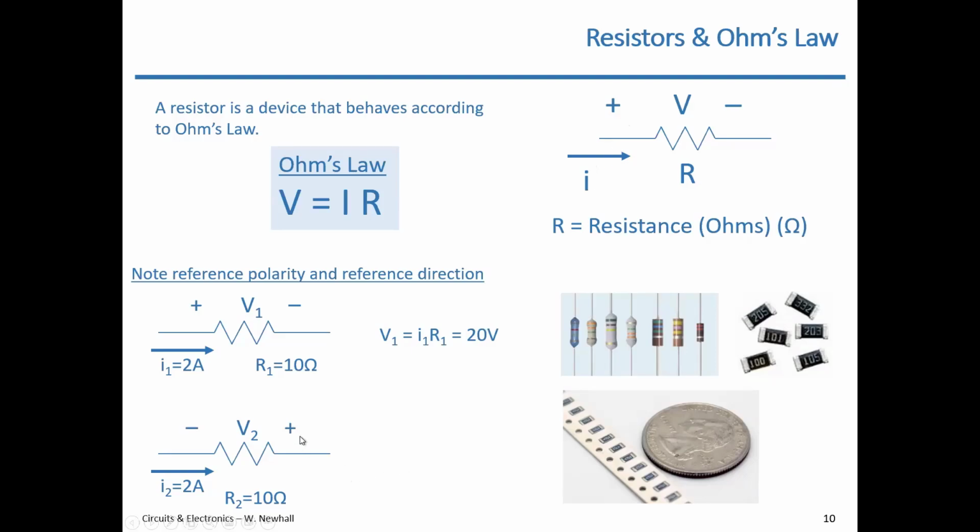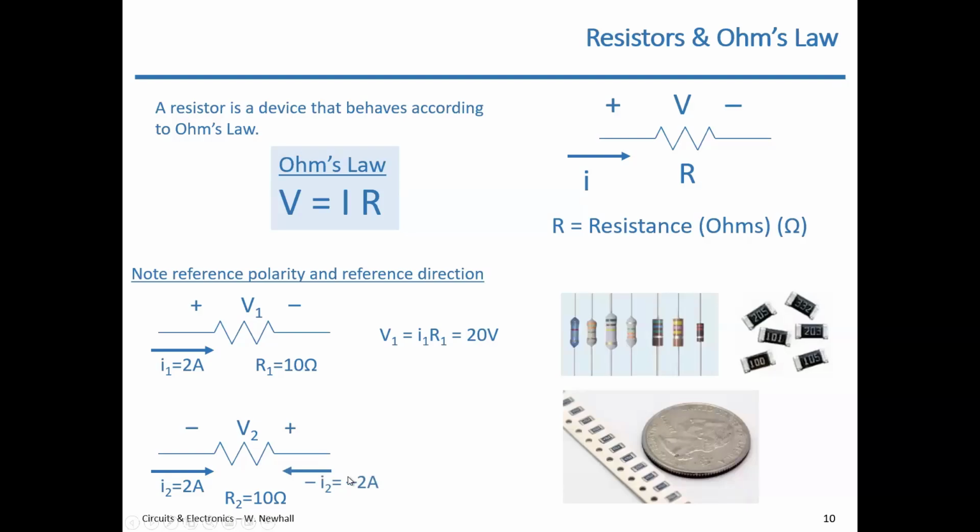So what you can choose to do is you could either flip V2's reference polarity and call it minus V2. You can flip polarities and throw a minus sign in front of whatever was defined for that voltage. Or I can flip the reference direction of I2 and call it minus I2. If I draw it from right to left into this resistor, then I have minus I2 equals minus 2 amps, and then you use that value.